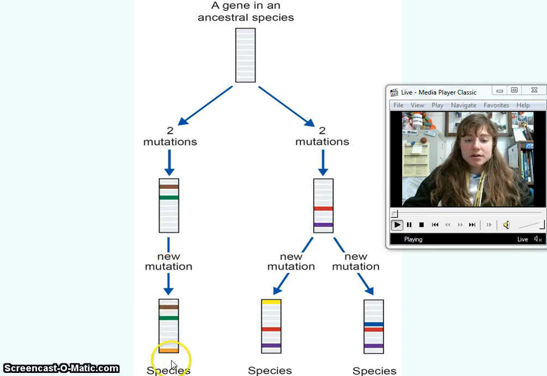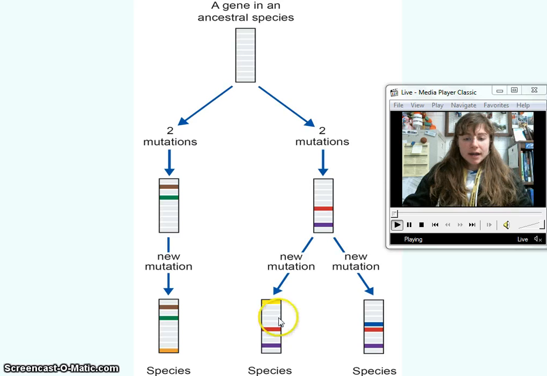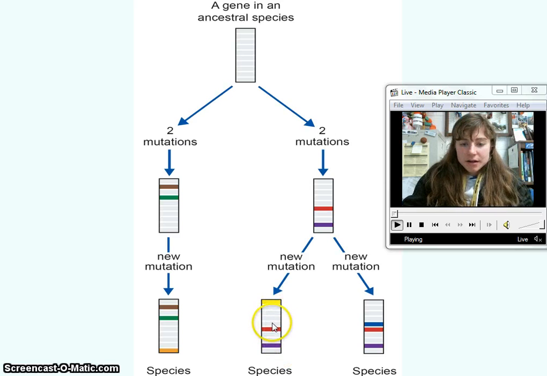And then that goes on to form species A, species B, and species C. And so we can look and see, okay, well, if this organism's DNA shares the red and purple bands of DNA with this species over here, then we can infer that they came from a similar branch, more similar than this organism over here.